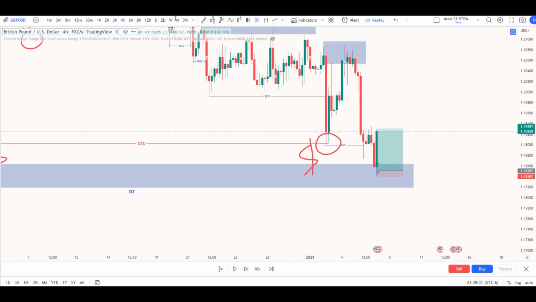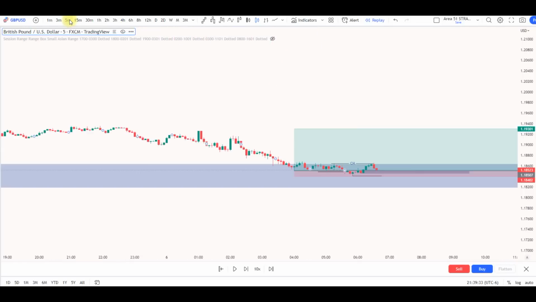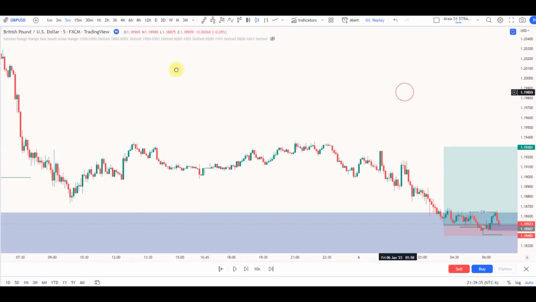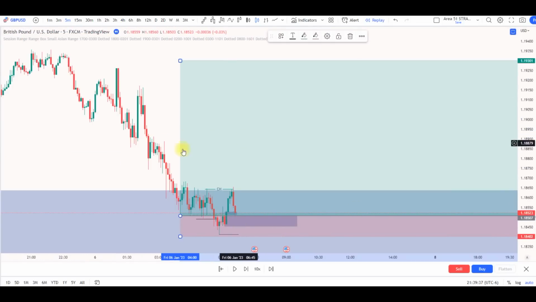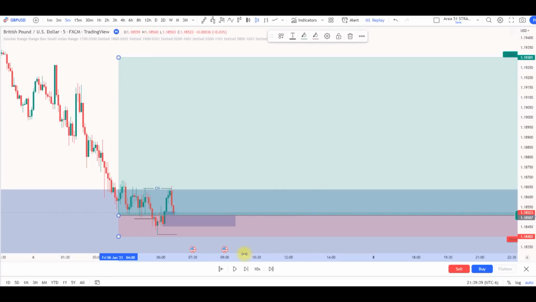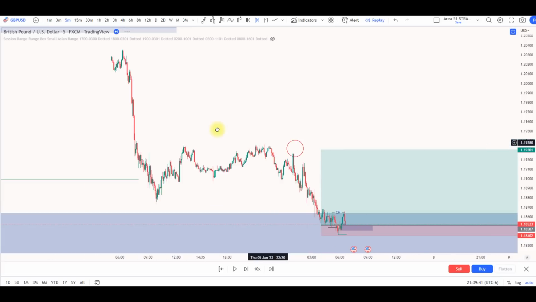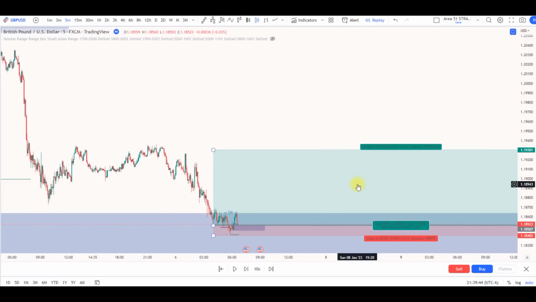We're looking at a stop loss of 10 pips and a profit of 79, which is a 7 to 6 reward ratio, which is really huge.